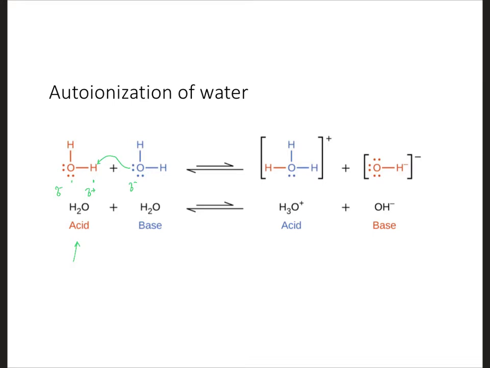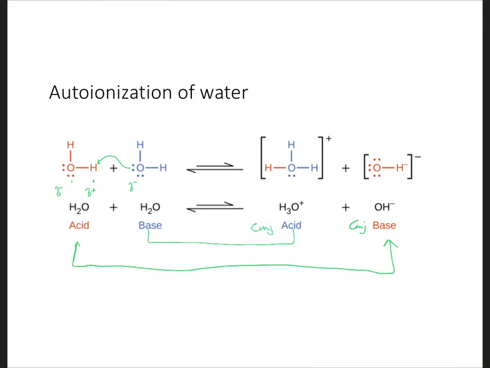So ultimately, what are you left with? This acid that is willing to give up a proton is going to become an OH, that conjugate base. This water molecule on the left side is the base that accepts the proton, and it's going to become its own conjugate acid.